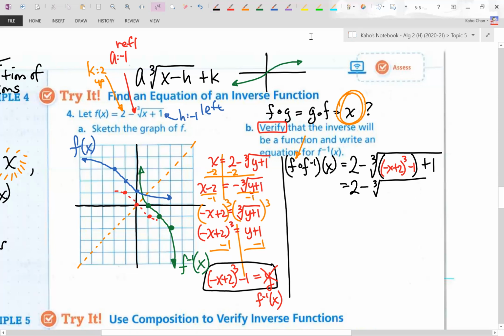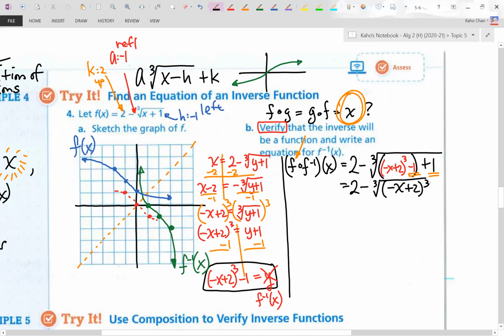Oh, yeah, of course. The minus 1 and the plus 1, I just realized my error. I kind of scared myself. Those combine together to be 0.